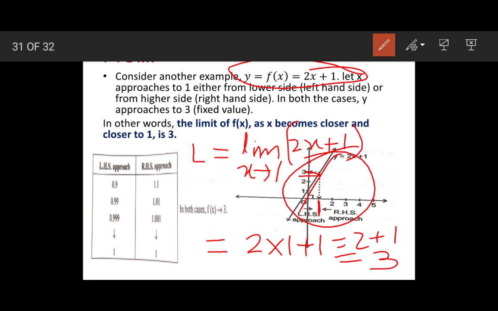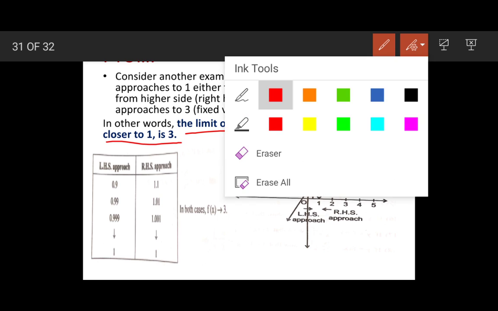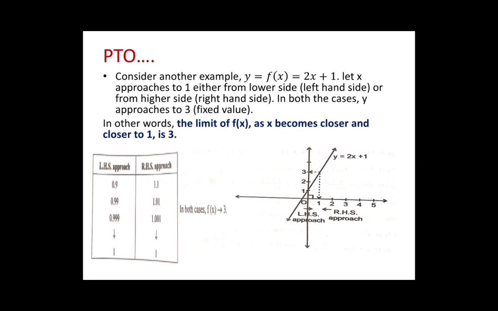The limit value will be 3. In words, we can say whenever x approaches 1, y approaches 3. In other words, the limit of f(x) as x becomes closer and closer to 1 is 3. That is the concept of limit.